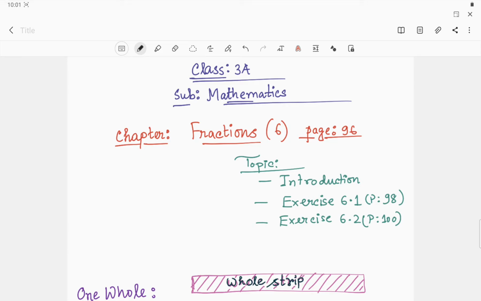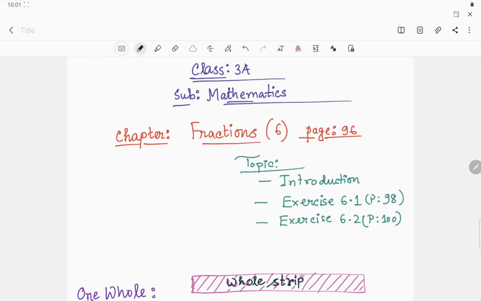Firstly I will introduce, then we will solve exercise 6.1, which is on your page number 98, and also we will solve exercise 6.2, which is on your page number 100, right?